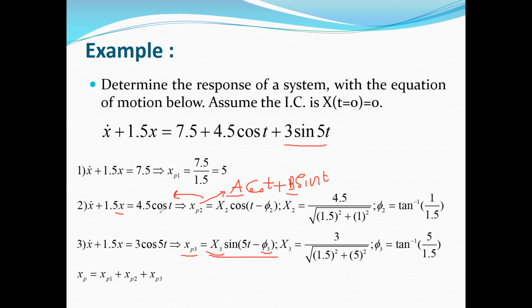And then simplify. The coefficient of sine t in the left hand side must be equal to 0, because in the right hand side the coefficient of sine is 0, and the coefficient of cosine must be equal to 4.5. So this is another method.